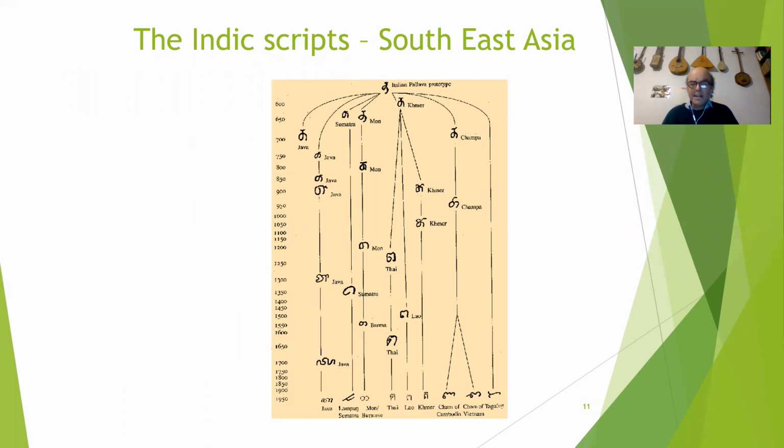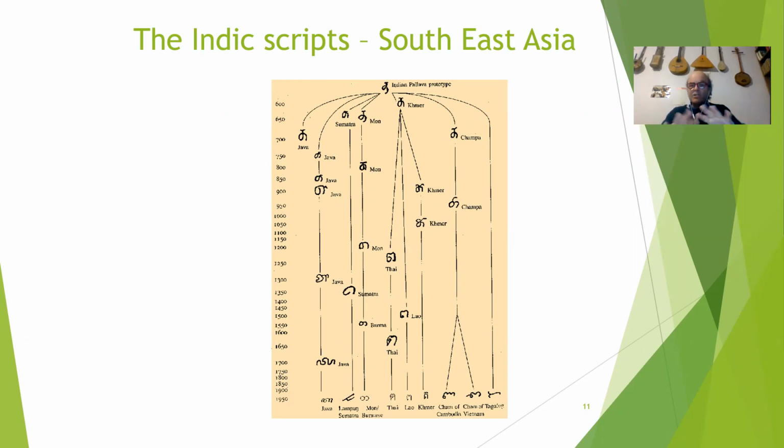So if we take the letter ta, which is to tau in Thai script, you can see what this letter looked like in the ancient Indian Pallava. So what happened was that the script was taken by some South Indian writers and adapted for their language, which is an unrelated language to the language of North India, where this script originated from.